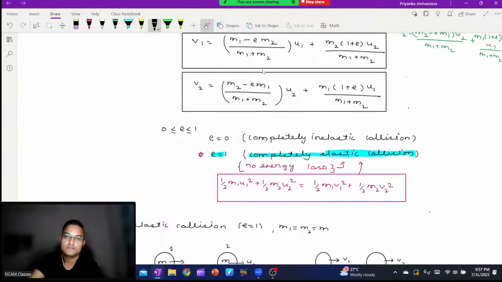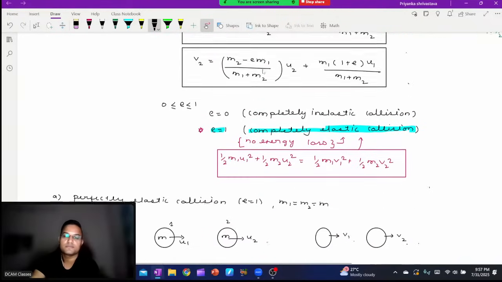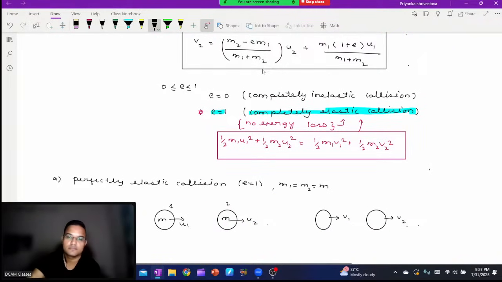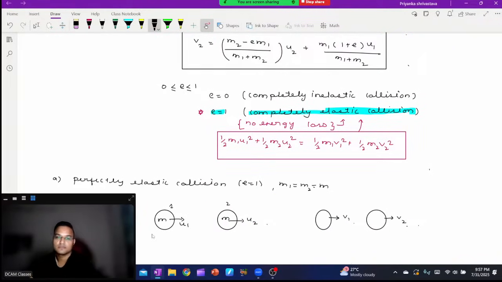Oh, this is so big. And it's not needed also, because using the law of conservation of momentum, you can every time find out the thing. Also V2 minus V1 by U2 minus U1, that also you can use. But here it will help you very much.